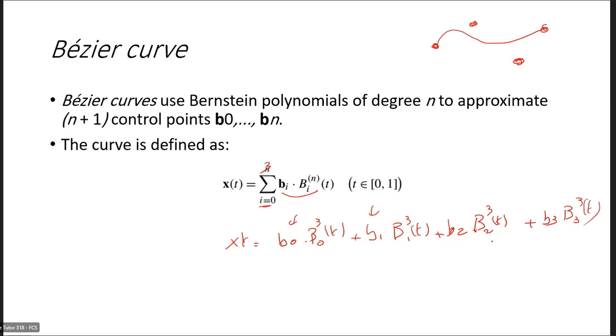These bi are the different control points. We just have to calculate B0,3 of t, B1,3 of t, B2,3 of t, and B3,3 of t. So how can we make this calculation?